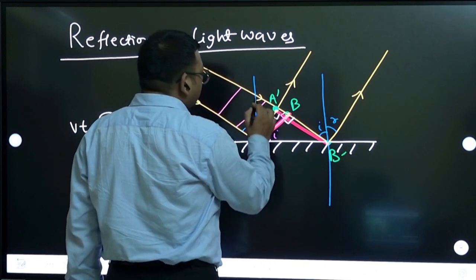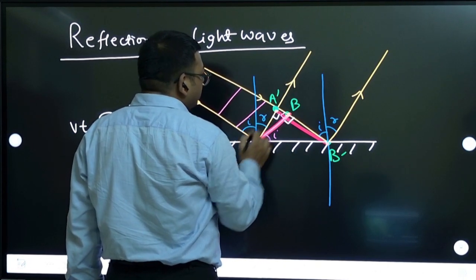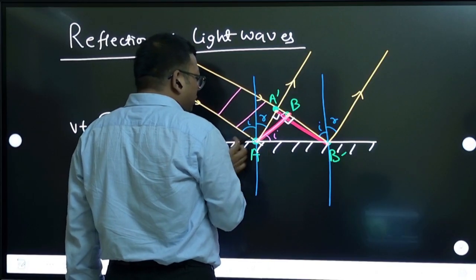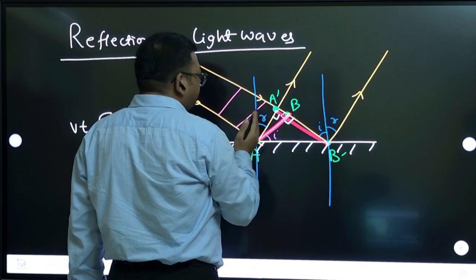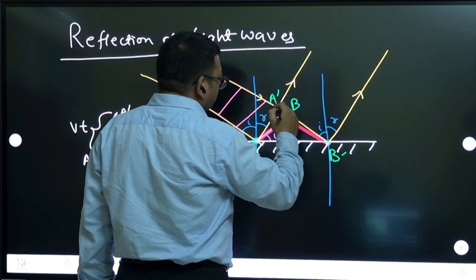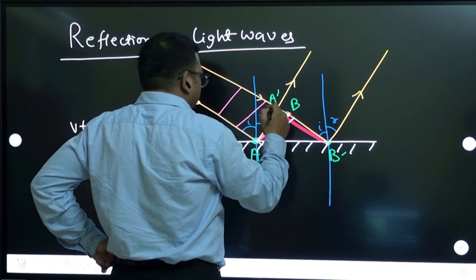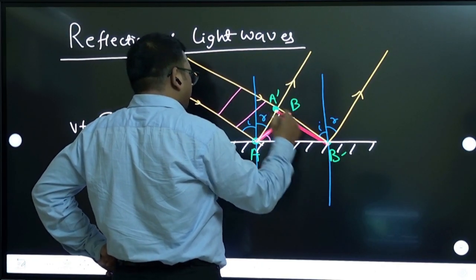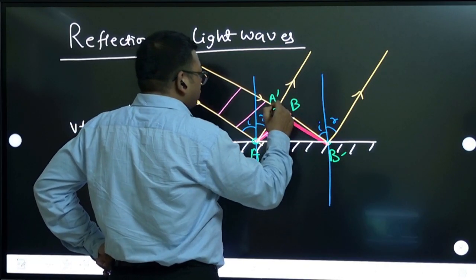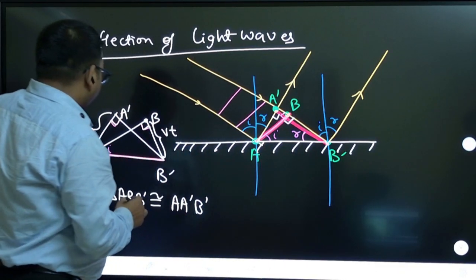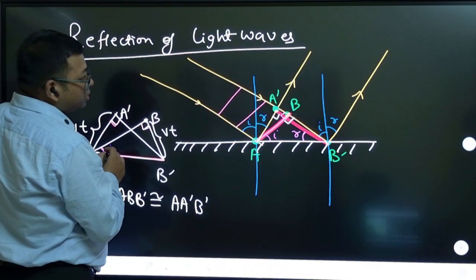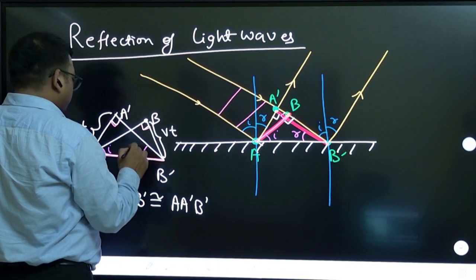R is the angle between vertical and the reflected ray. On the vertical, this horizontal is perpendicular. On the reflected ray, the reflected wavefront A dash B dash is perpendicular. So A dash B dash and AB dash will make the same angle R.